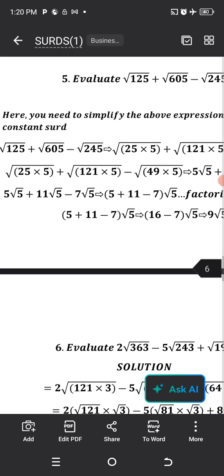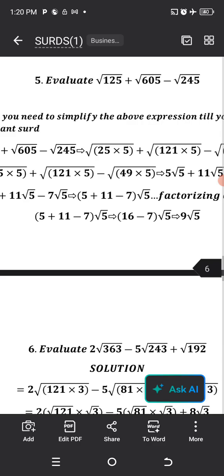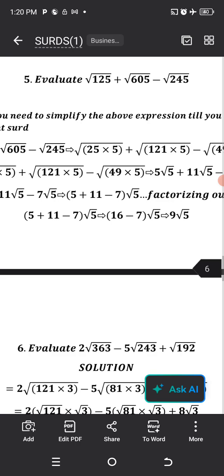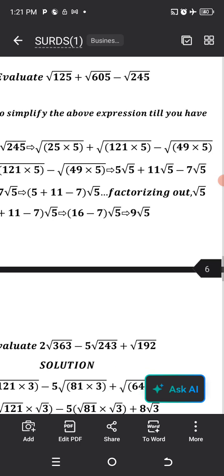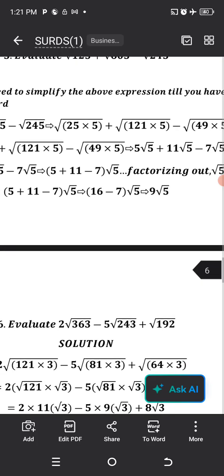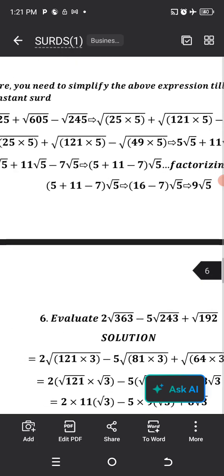And 121 is 11 times 11. Sure you get it now. So that means square root of 121 is 11. That is why I am saying that square root of 121 times 5 is plus 11 root 5. Then minus square root of 49 times 5, which you must know at the back of your mind is minus 7 root 5.